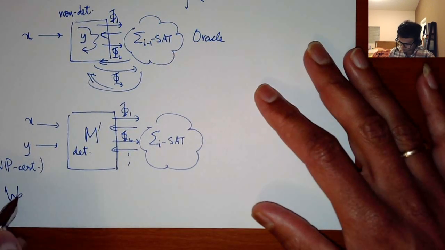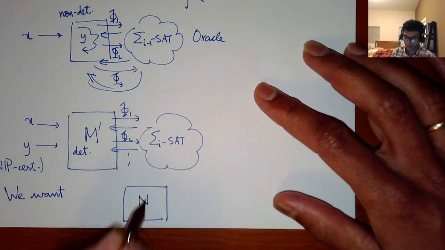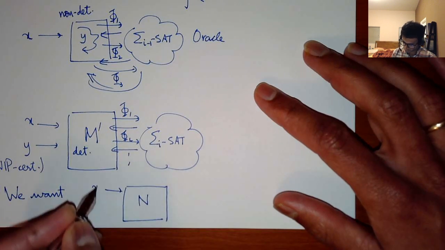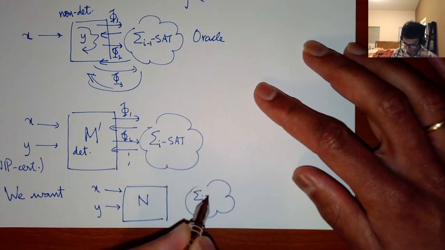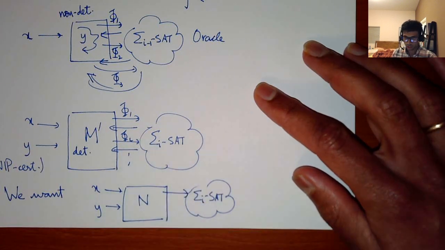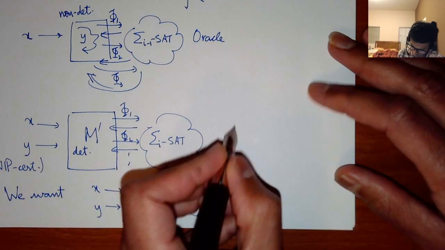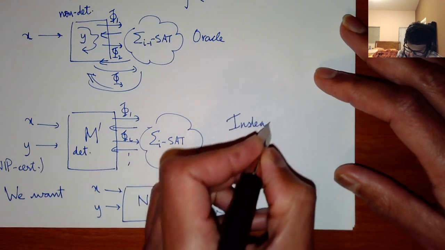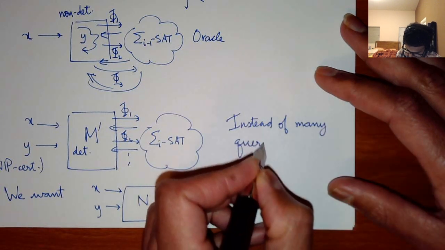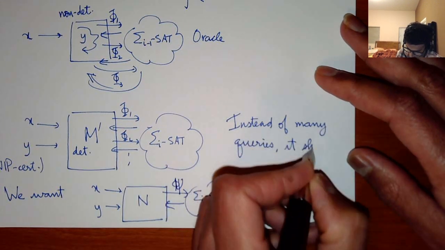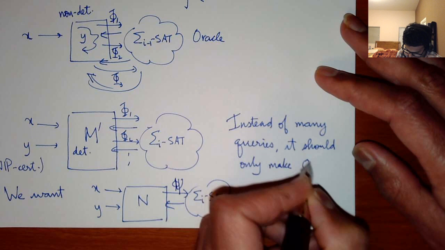What we want is really a machine N that does the following. It should take x, it should take y, and it makes one query. I'll call it C. It gets a response. That's all. So instead of many queries, it should only make one query.